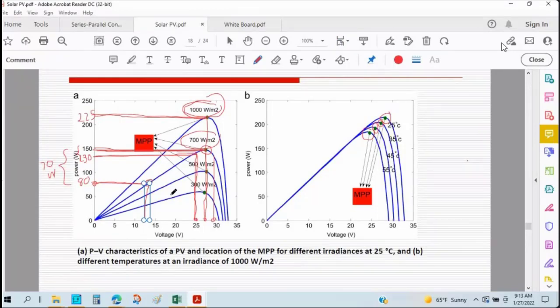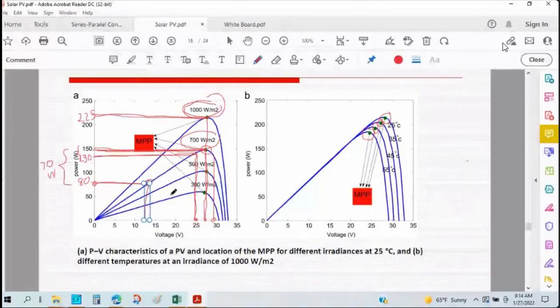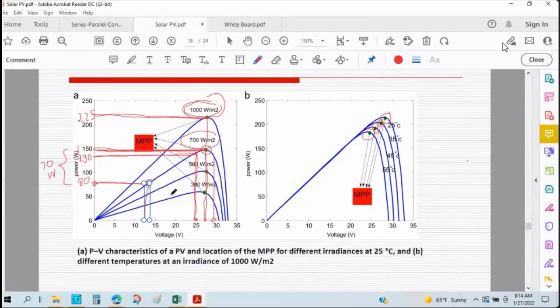Suppose we want to get 1000 watt from the solar panel, here we are getting a maximum of 225 watt. So we have to connect the panels either in series or in parallel.